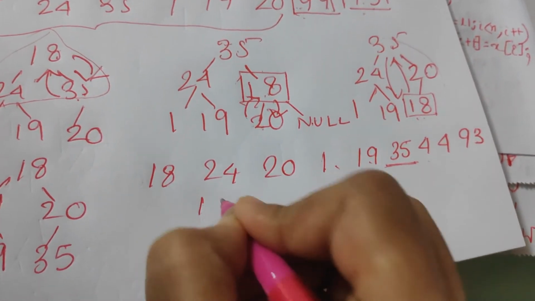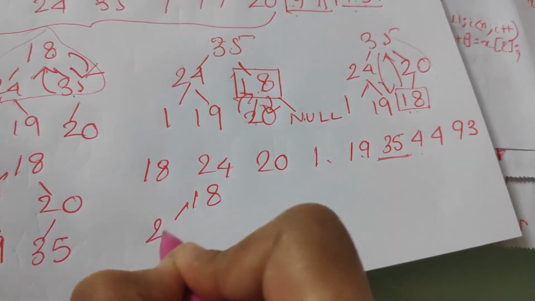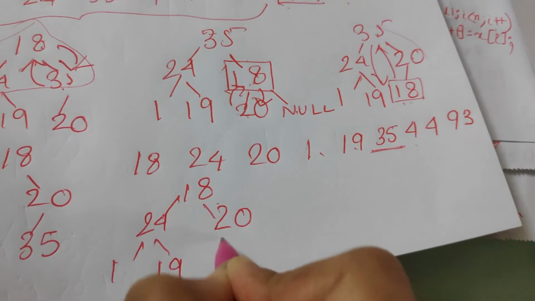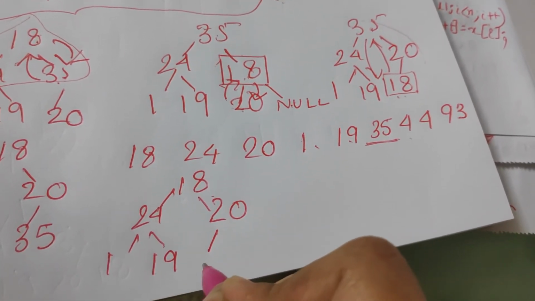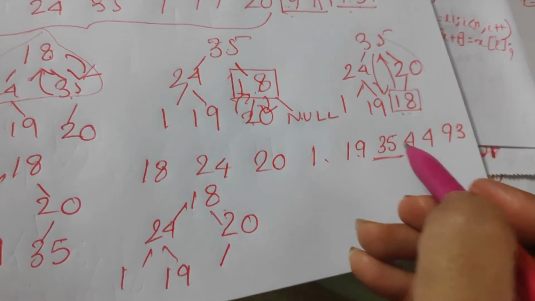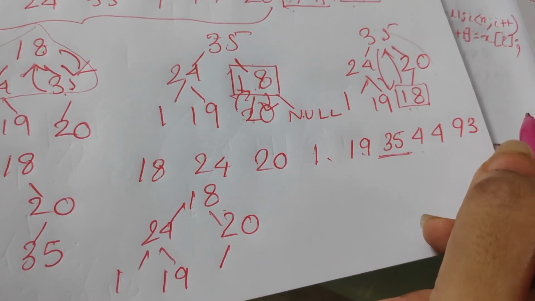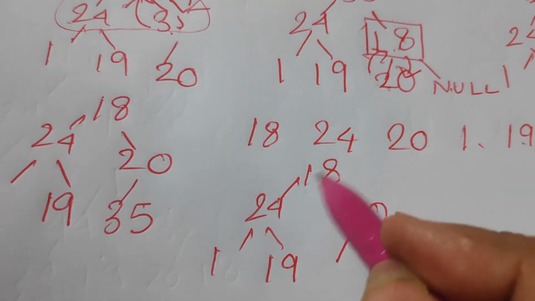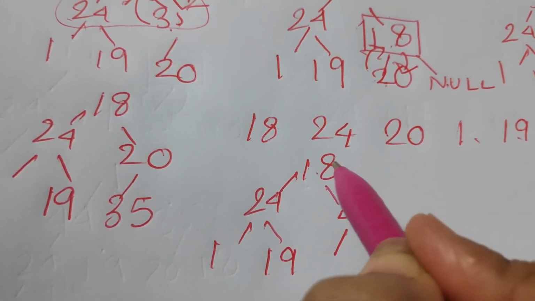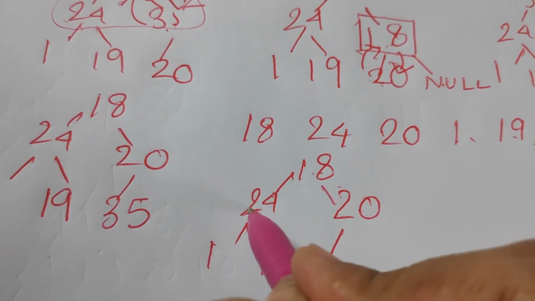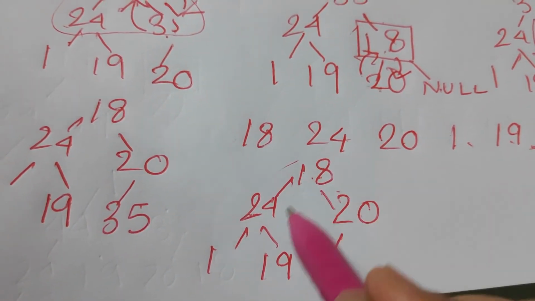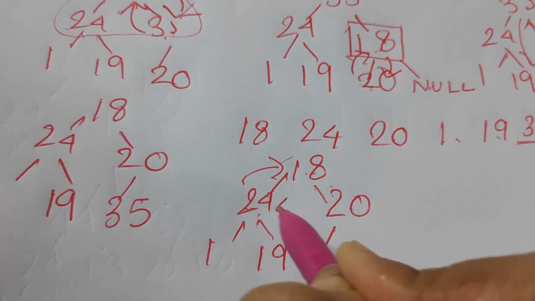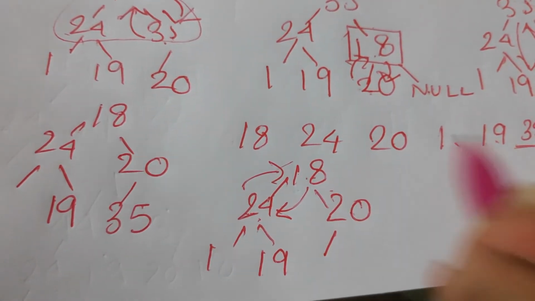So the heap looks like this right at this moment. 1, 19 and 35 we will not consider anymore because 35 has already got its position, correct? So now again we will start with the root node. Root node and its two children, we will see whether it is creating a heap. But again 24 is the maximum, so 18 would be replaced by 24.